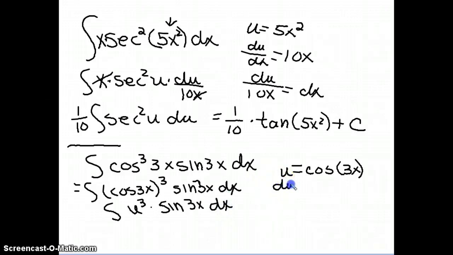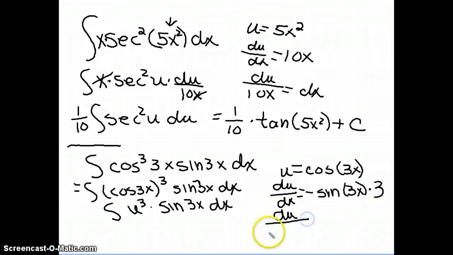So what's the derivative of cosine? It's negative sine of our angle times the derivative of our angle. So du over negative sine 3x times 3 is our dx, and that's going to go in. So look at what happens.